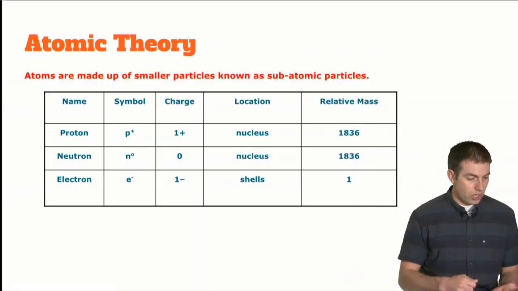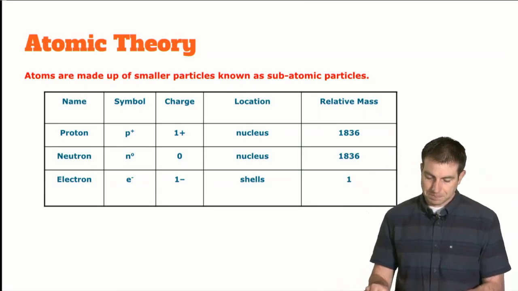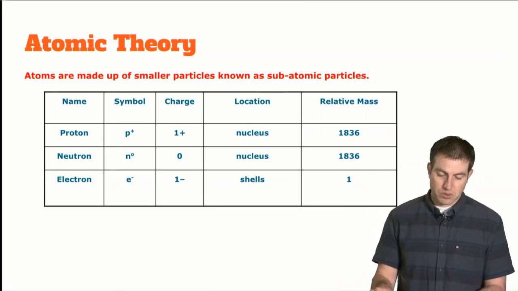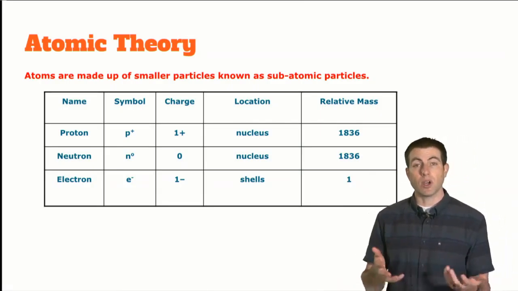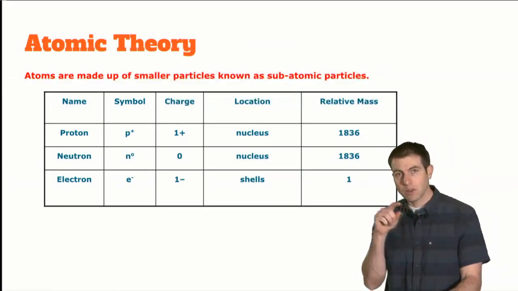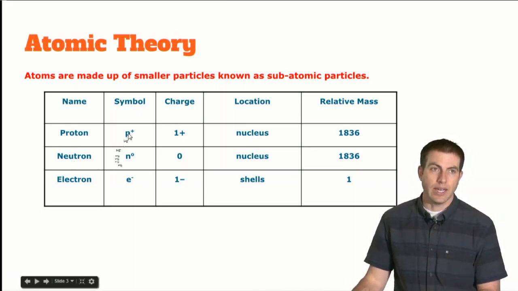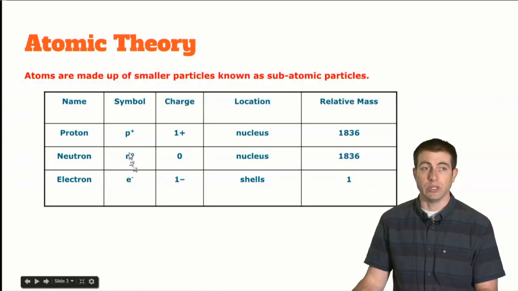This chart is pretty important. It's a good little summary of everything. The symbols we're going to use for the subatomic particles are protons, neutrons, and electrons. A P with a little plus sign next to it gives us our protons. An N with a little 0 next to it is what we use to represent neutrons.